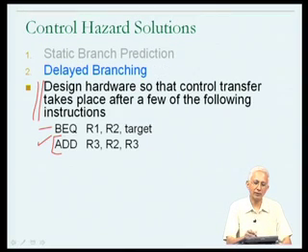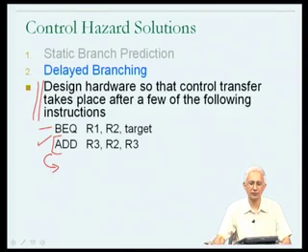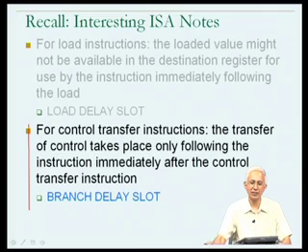The control transfer happens not after the branch instruction, but after the instruction following the branch instruction. Hence the name branch delay slot. So this idea, which is used inside the MIPS-1 instruction set architecture, we now understand why. It's being used to allow for the MIPS-1 processors to be designed using pipelines of the kind that we have seen, in which it's difficult to avoid one stall cycle.